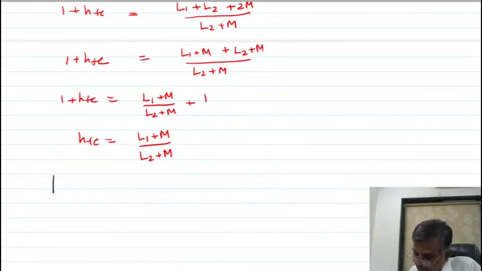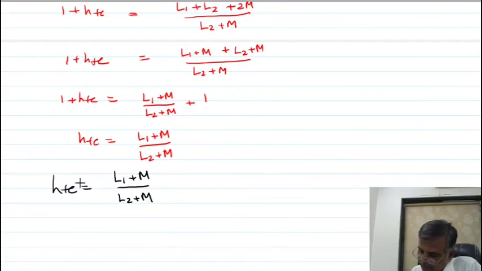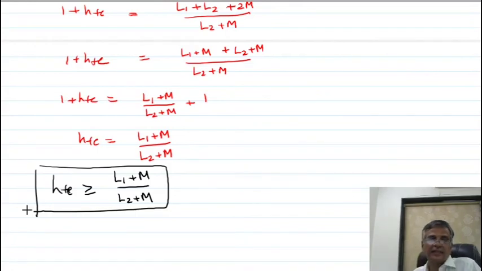The current gain of the circuit should be at least this much, or you can say it should be greater than or equal to this value. The current gain should be greater than or equal to (L1 plus M) upon (L2 plus M).